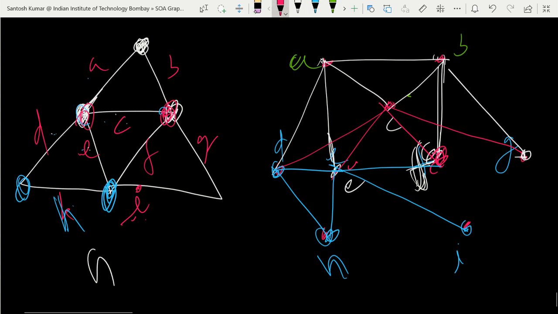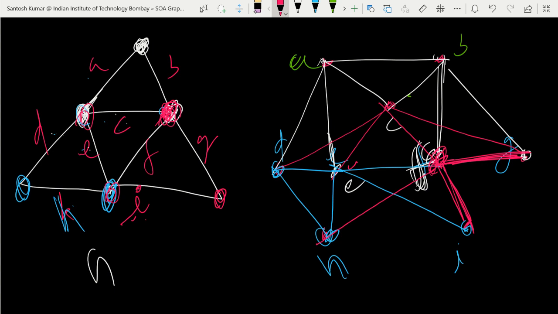Now come to F. F shares a vertex with E, I, H. IEH. And here it was C, B, G. So this side F shares with C, B, G.